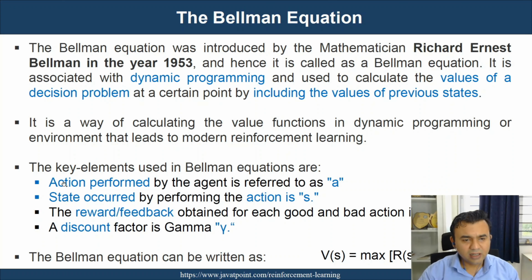Here, the key elements of the Bellman equation are, first, the action performed by the agent, referred to as A. The next one is the state occurred by performing the action, presented as S. So I take a particular action and reach a particular state. A is the action taken by the agent, and S is the state accomplished after that action.